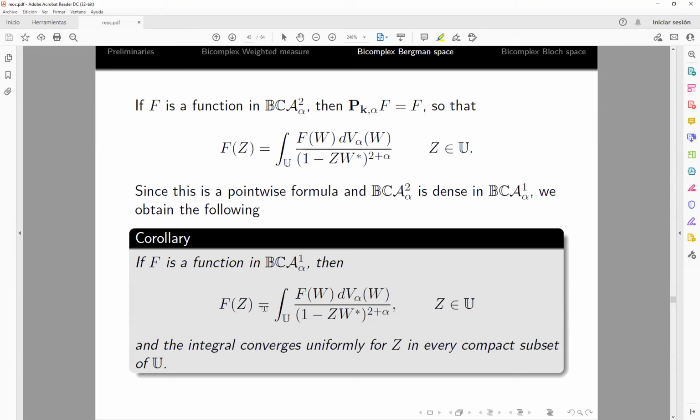We can represent each bicomplex holomorphic function in the Bergman space in this form.